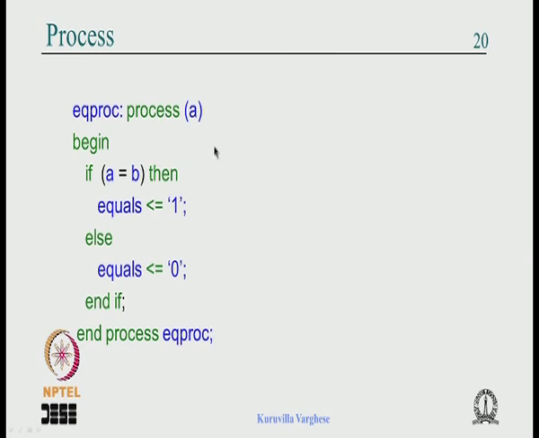You have a problem if you miss something in the sensitivity list, because here you see in the statement there are two inputs, but if you don't write both inputs then the simulator will give a behavior which the synthesis tool won't be able to produce, because the synthesis tool doesn't bother about the real time behavior. It looks at the code and generates the circuit. Code says if A is equal to B, equals get 1, else equals get 0.